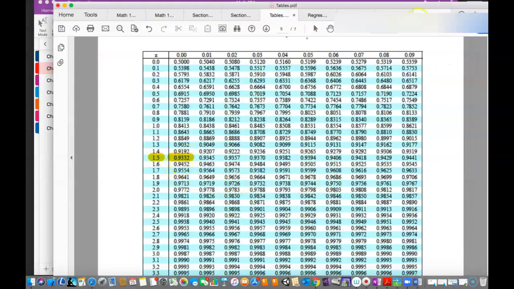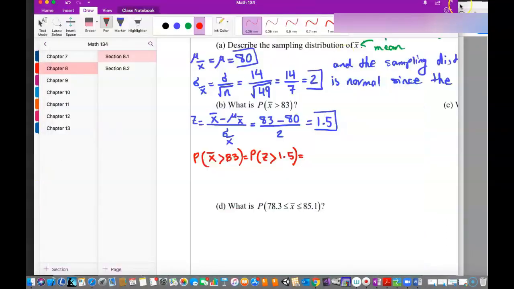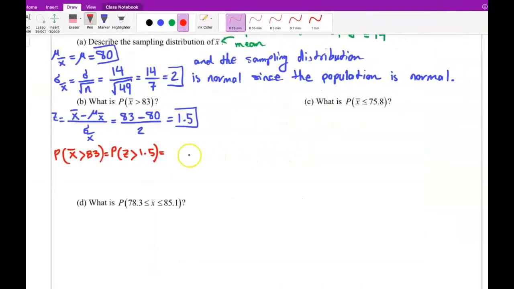So it was 0.9332. So the answer for this part is 0.0668.